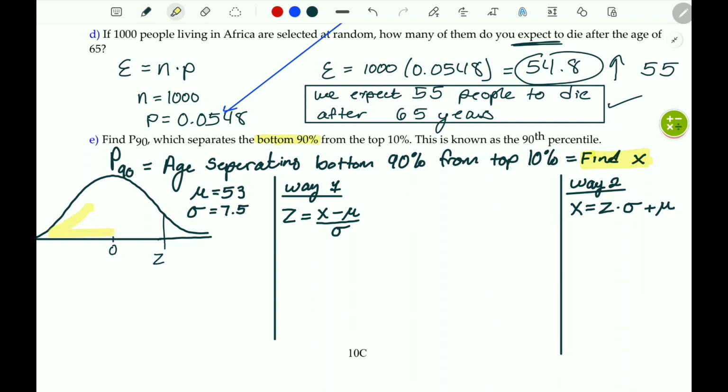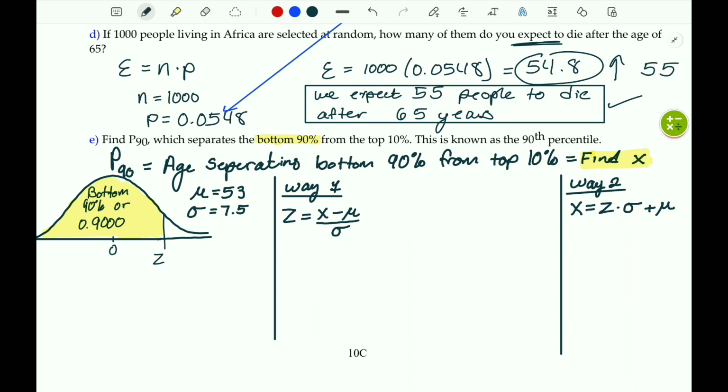And I'm going to shade this region right here. Get that in a little bit better. There we go. And this is the bottom 90%. Or we can say that this is 0.9000. Because the percentage is a probability. 90% is 0.90.